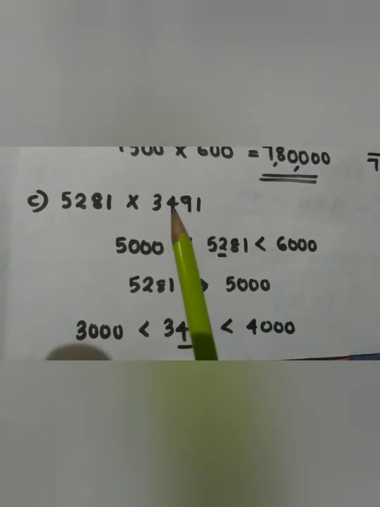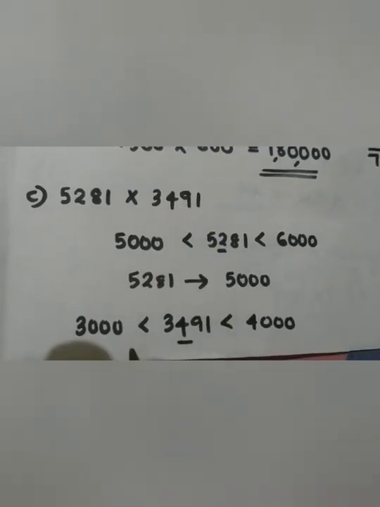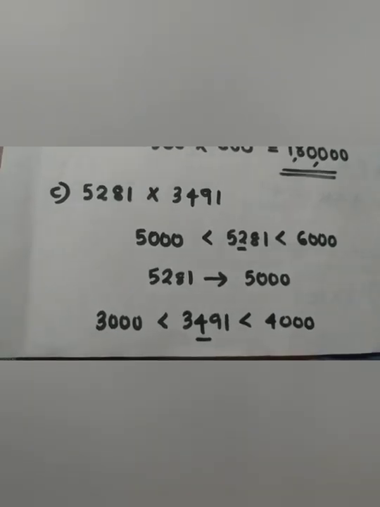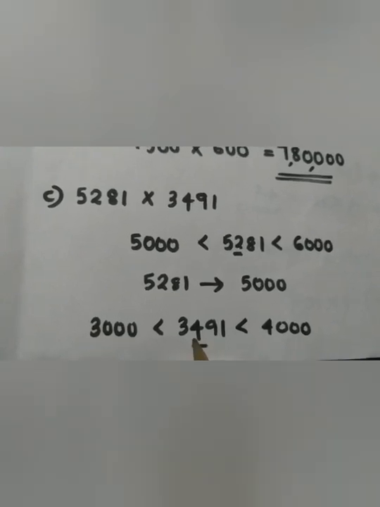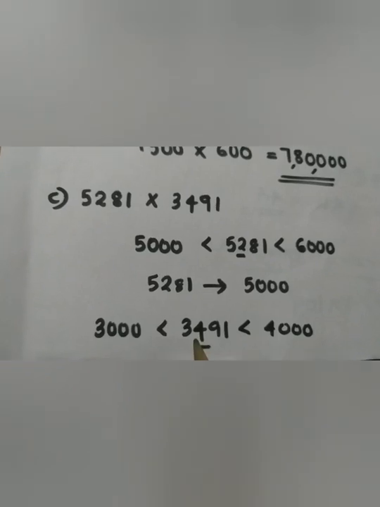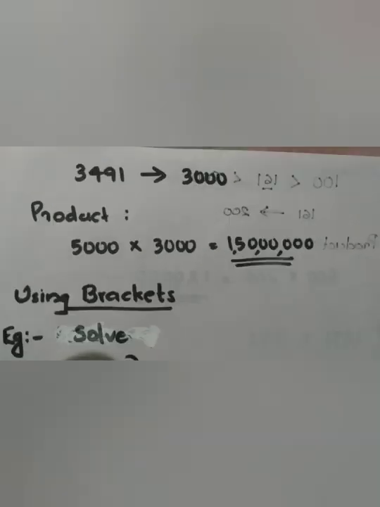Next number is 3491. You know that this number is between 3000 and 4000. Here you will check for the number 4. When 4 comes, are we rounding up or down? We are rounding down. So 3491 can be rounded to 3000.